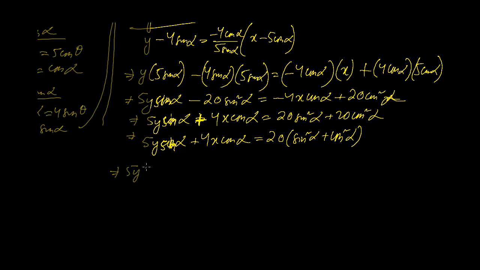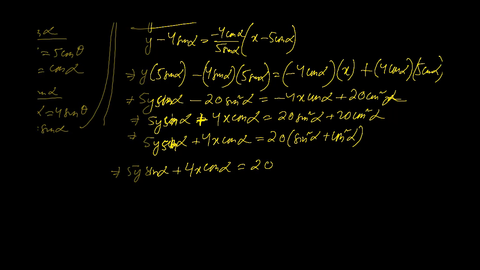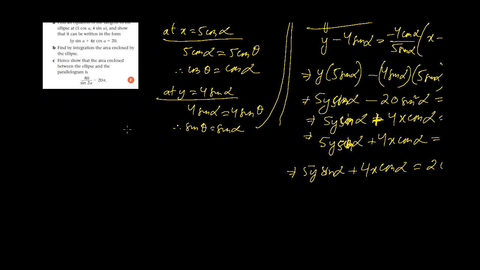So we have 5y sine alpha plus 4x cos alpha. The identity sine square theta plus cos square theta becomes 1, so this would be equal to 20. Okay, did they tell us to show this? 5y sine alpha plus 4x cos alpha equals 20. Yes, we have shown this.